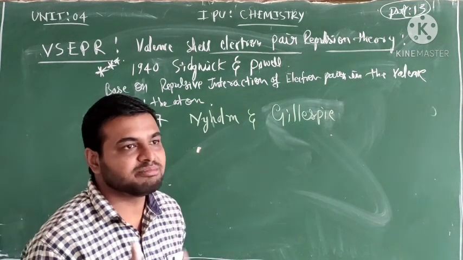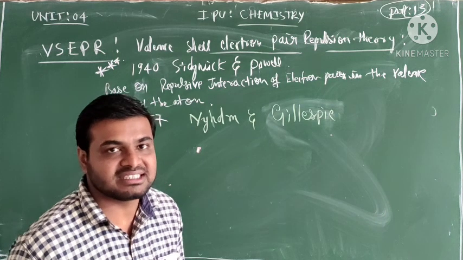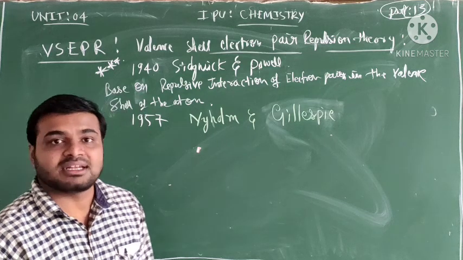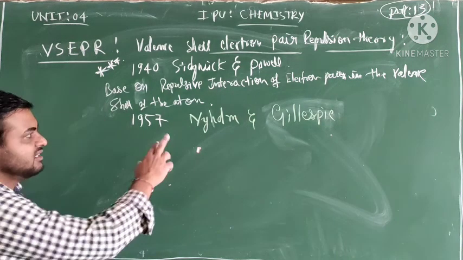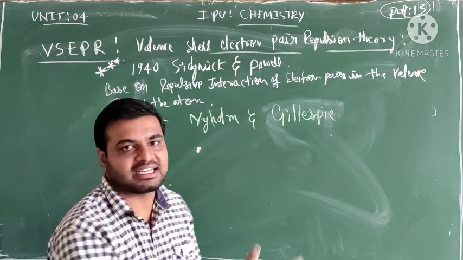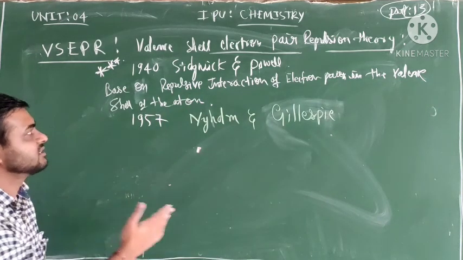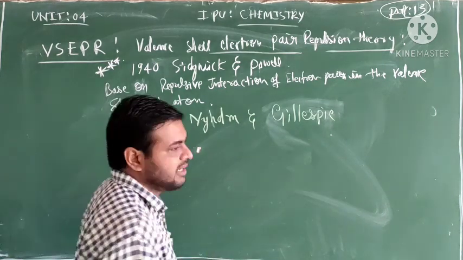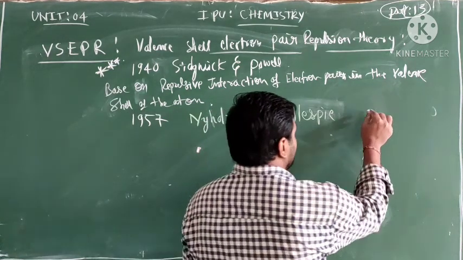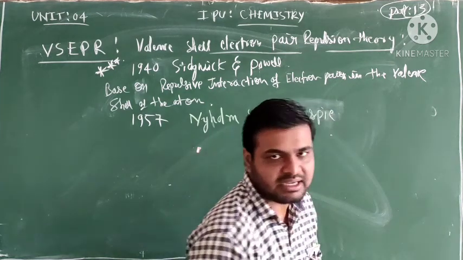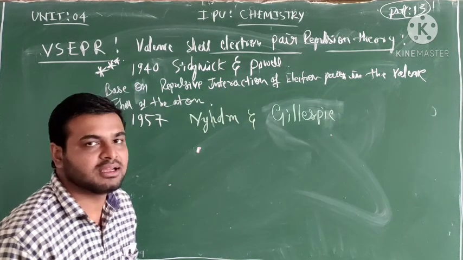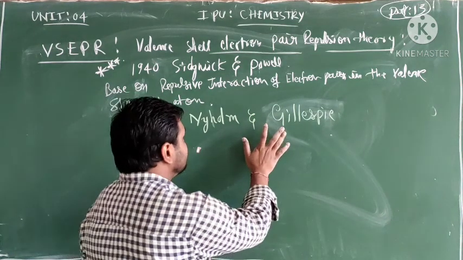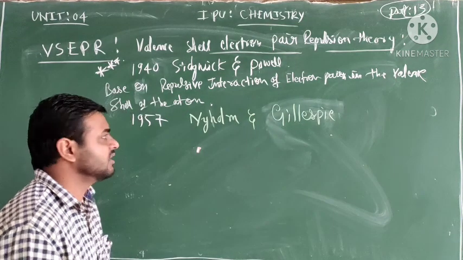Modified means the lone pair of electrons is concentrated only on the central atom, and we must explain the structure based on the lone pairs of the central atom. These four scientists contributed to give this VSEPR theory. Any atom having a lone pair: the lone pair is present or localized only on the central atom. This was explained by the scientists Nyholm and Gillespie.